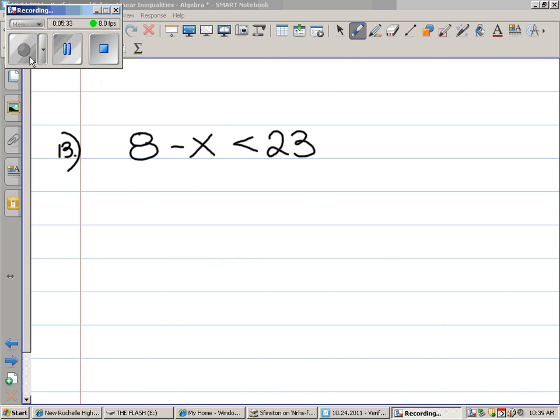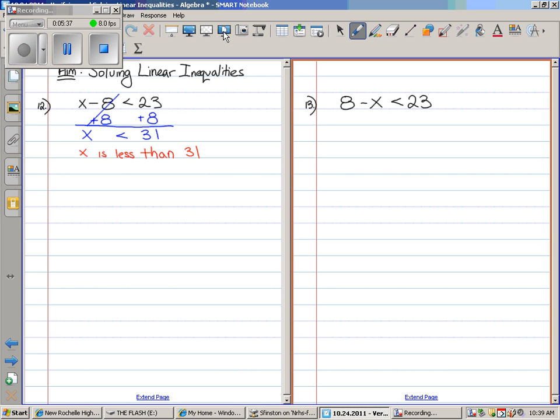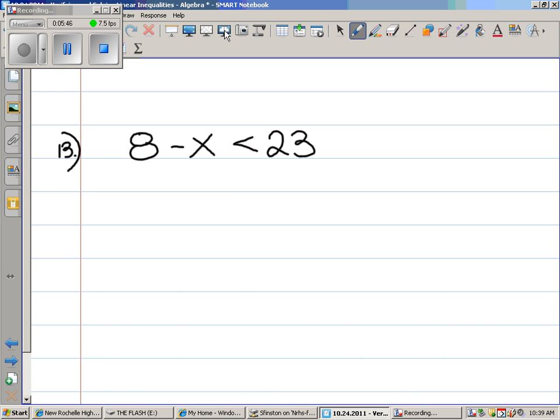Is this the same problem? Attention to detail, right? Let's take a look at the two right next to each other. They're kind of flipped. Something very special happens in this one that I wanted to show you. We do have to subtract. What's 23 minus 8? Okay.